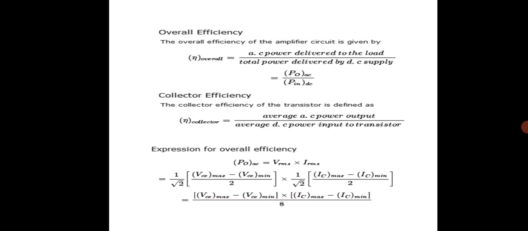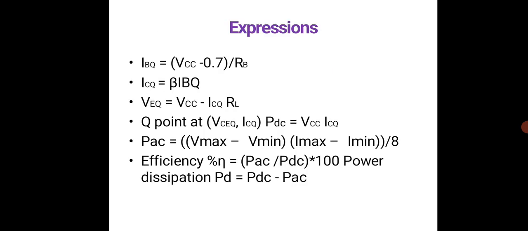Similarly, we can write the efficiency for the collector, which is average AC power output by the average DC power input to the transistor. So the expression for overall efficiency is given over here, which is Vrms into Irms, which is equal to the AC power output. So the expression, you can see it in the slide.